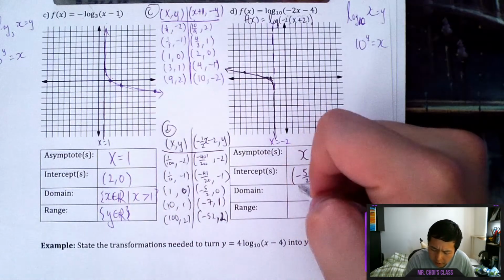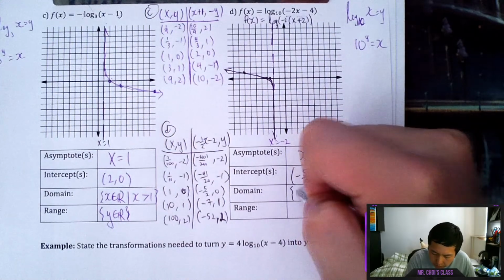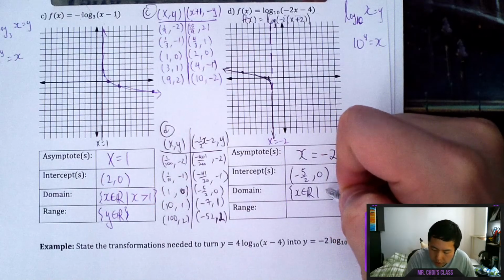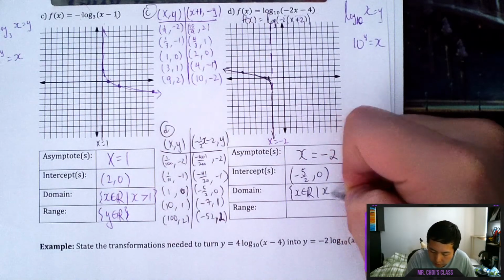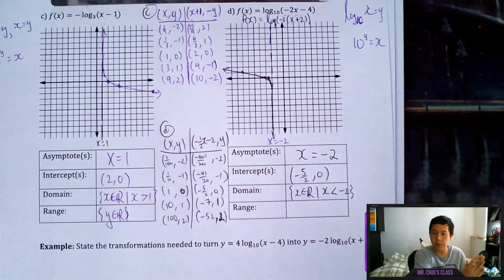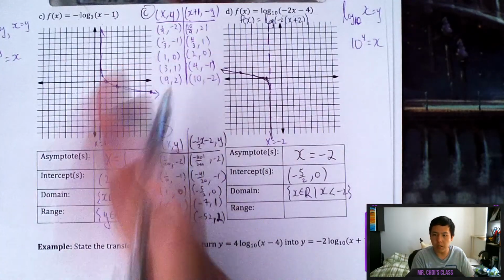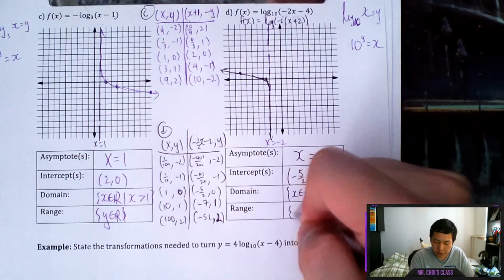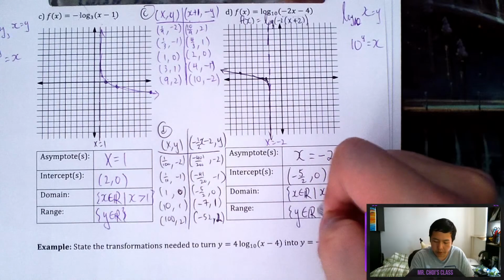And so our domain is going to change now because we've had a horizontal reflection or reflection on the y-axis. We can now say that x is going to be less than negative 2, right? Because it's now going to the left part of the function here. The range is not going to change. Y is going to be any real number.